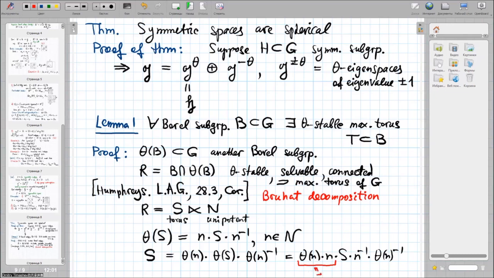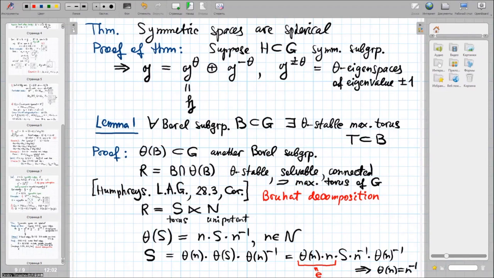It is e. Or in other words, we get that theta takes n to n inverse.